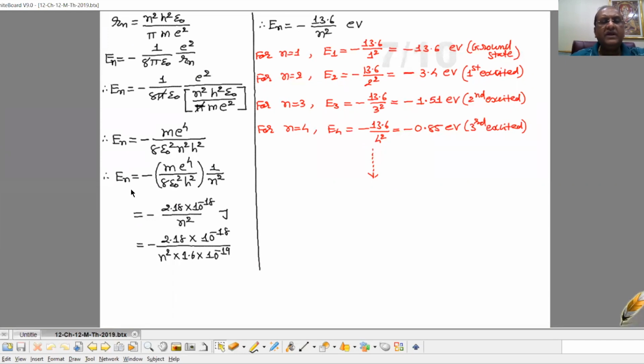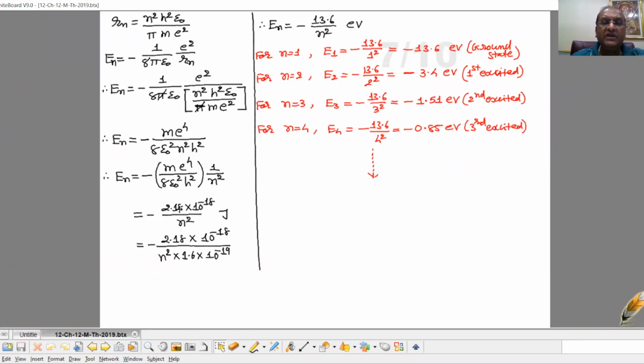Now see here, we can rewrite this one like this. En equal to minus m e4 upon 8 epsilon 0 square h square into 1 upon n square. Means see this bracketed term, that is constant. So we can say energy in nth orbit is proportional to 1 upon n square. Now here suppose we substitute the values of m, e, epsilon 0 and h. And if we solve it, then we will get 2.18 into 10 raised to minus 18 upon n square joule.